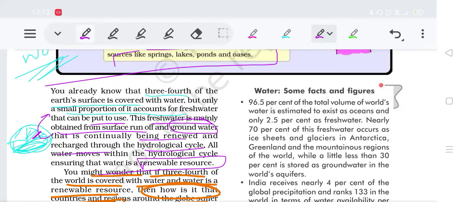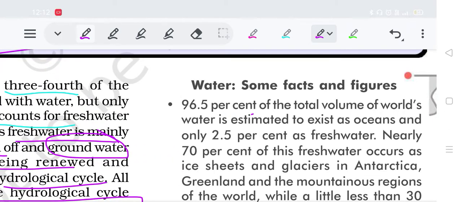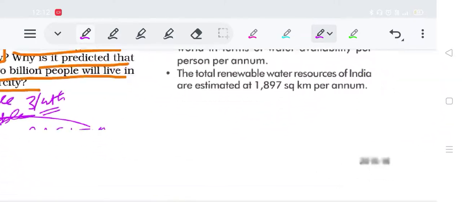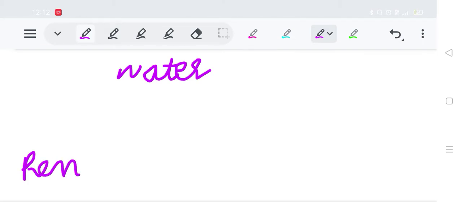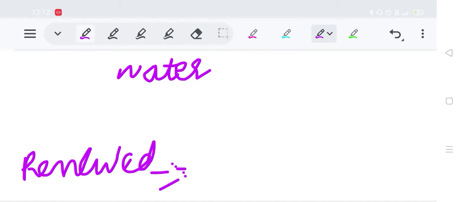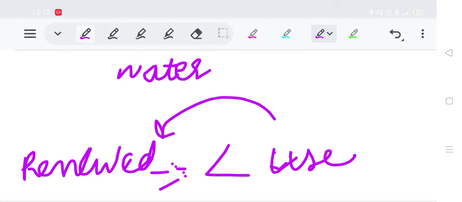So now NCERT will answer. NCERT is not going to answer, let me answer you. First we talk about water. Water is getting renewed. Okay, water is getting renewed. But how much water is being used is not getting renewed.